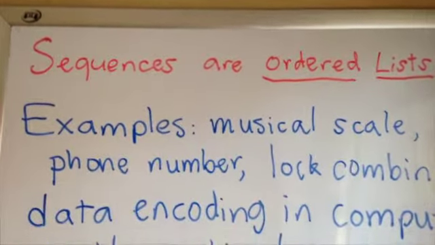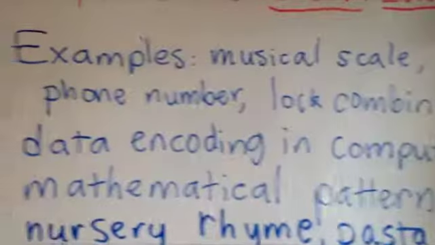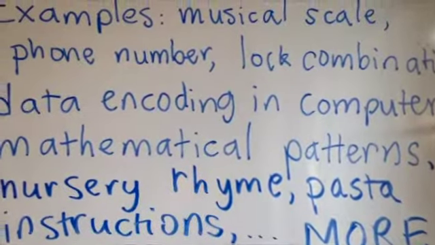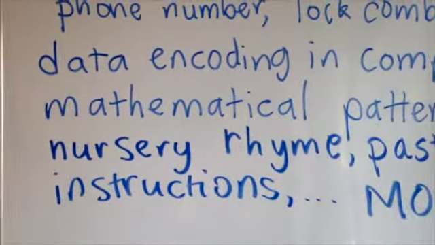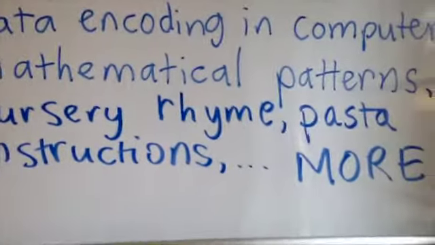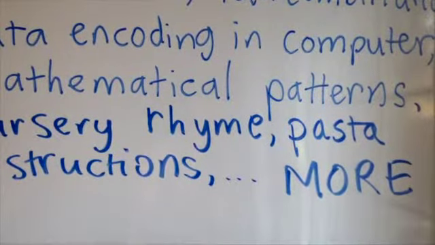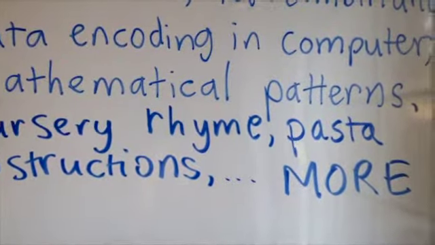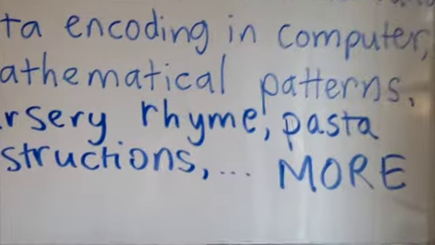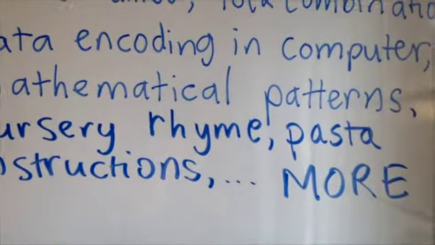We went through a bunch of examples: a musical scale, a phone number, lock combination, data encoding on the computer, mathematical patterns that are best expressed in sequences, a nursery rhyme, the toes and the pigs, pasta instructions, and having seen all that, the best way for you to really understand the definition, just the definition, is to think of as many examples as you can of sequences. There are a lot more. Happy thinking.